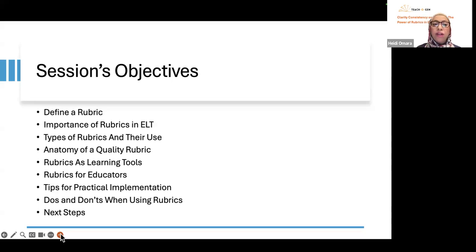We will start by defining rubrics, the importance of rubrics and the types of rubrics, anatomy of a quality rubric, rubrics as learning tools, rubrics for educators, and tips for practical implementation, the do's and don'ts when using rubrics, and some next steps and ideas about how to create your own rubric according to the needs of your institution.